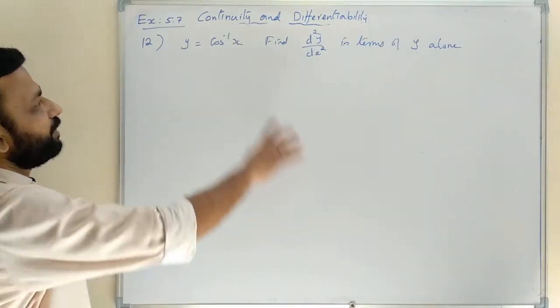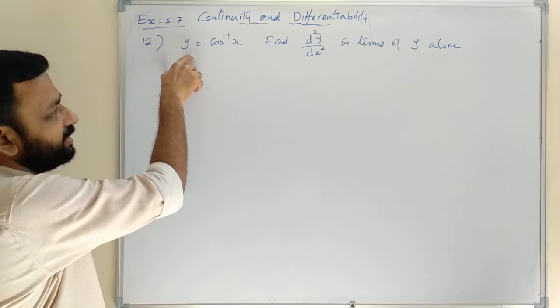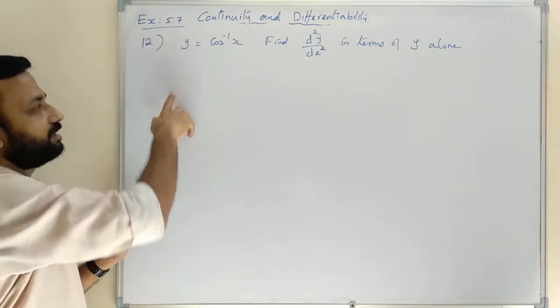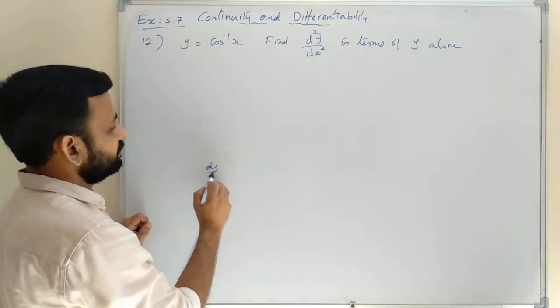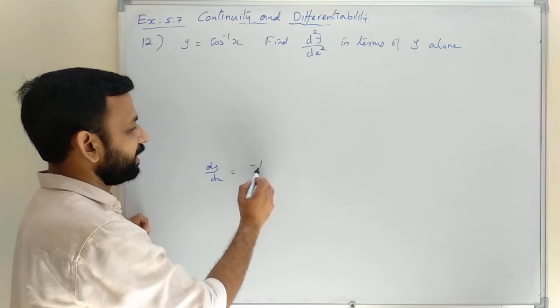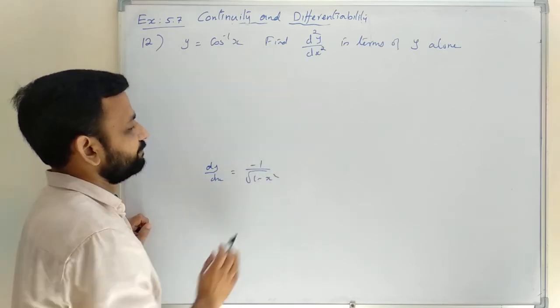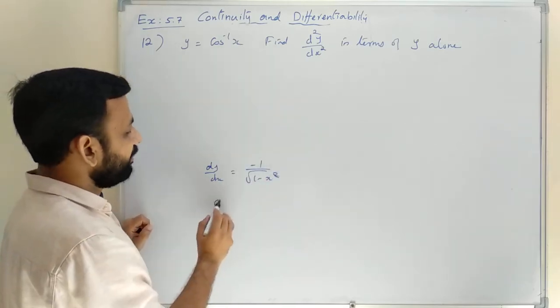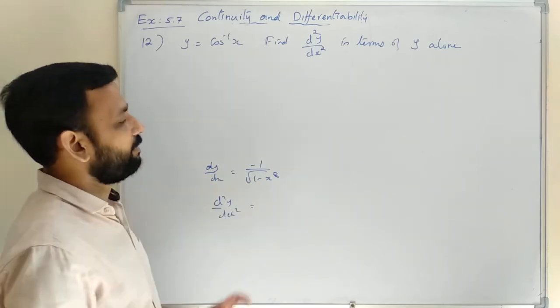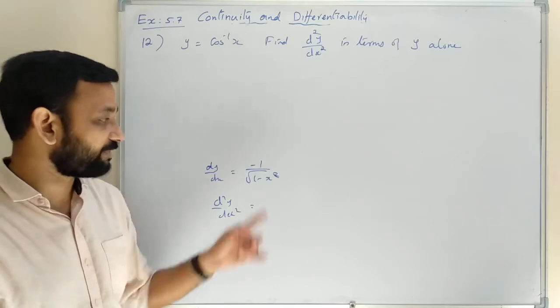So here, when we find the derivative with respect to x, dy by dx of cos inverse x is minus 1 upon under root 1 minus x square. Then when we find d square y by dx square, we can differentiate this, but we will get the answer in terms of x.